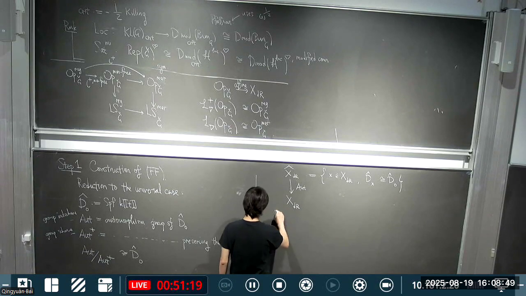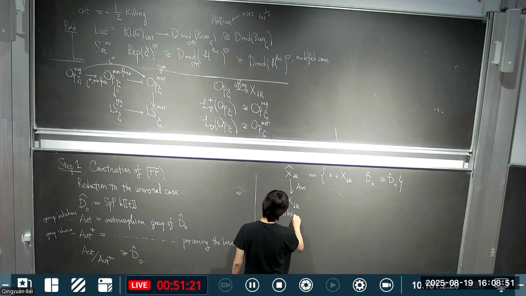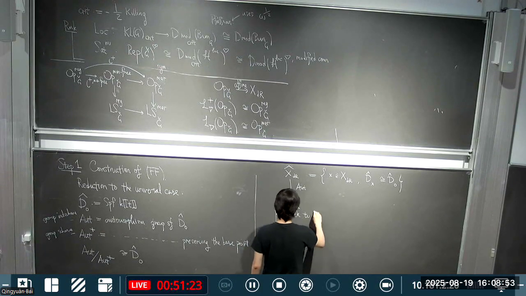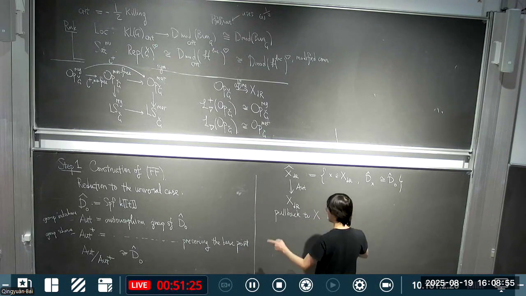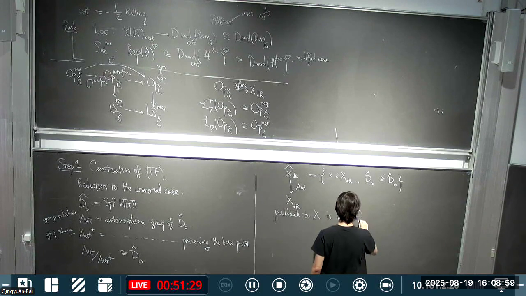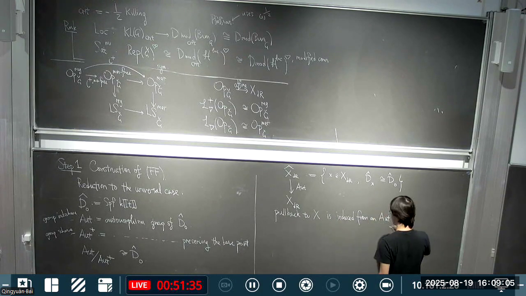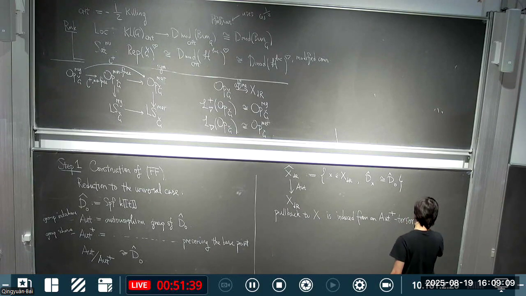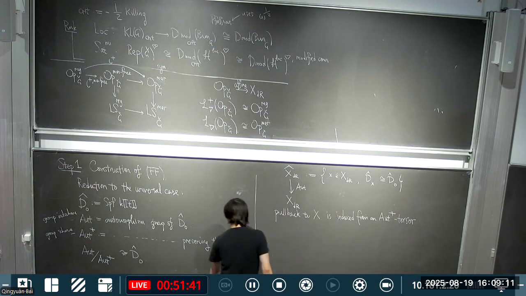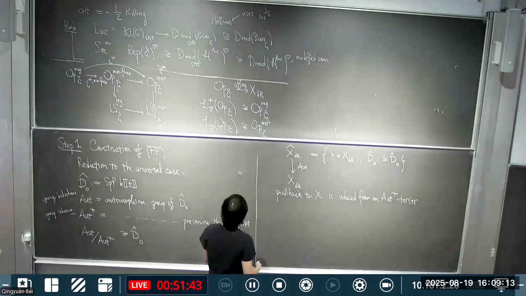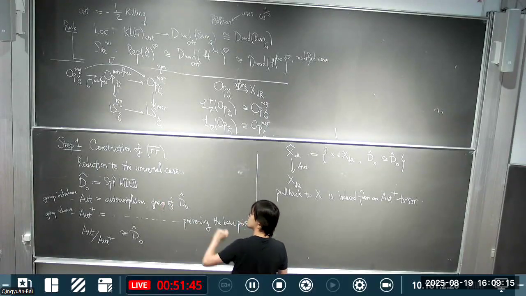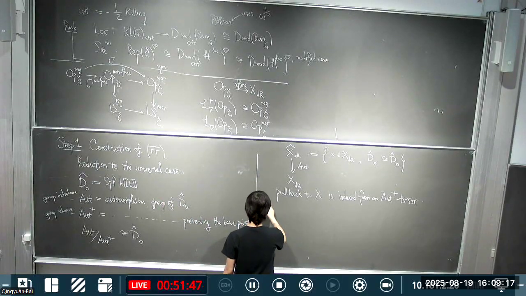However, its pullback to X is indeed induced by an Aut plus torsor, namely the one that parameterizes isomorphisms with fixed base point. All right, so the point is we could make constructions of those algebras.